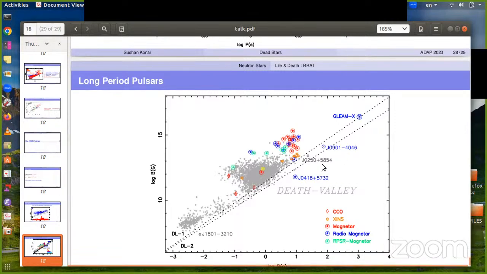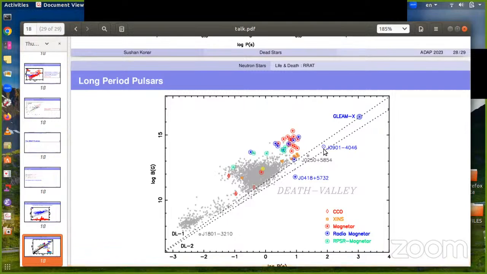And also, here the spin period is 1000 seconds. This fellow, discovered a little later, has a spin period of about 80 seconds. And there is another one which is not in this figure, which is sitting in between. That also does not have its magnetic field estimated. So these are not magnetars. Even though they have very strong, really large magnetic fields, these are radio pulsars.